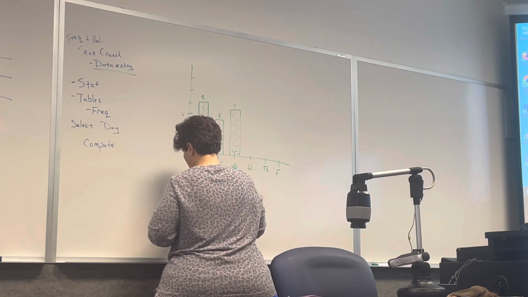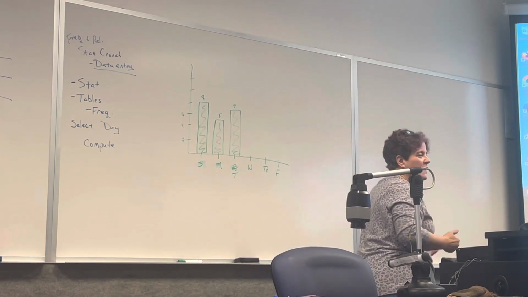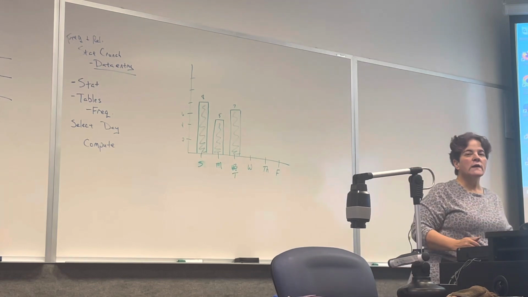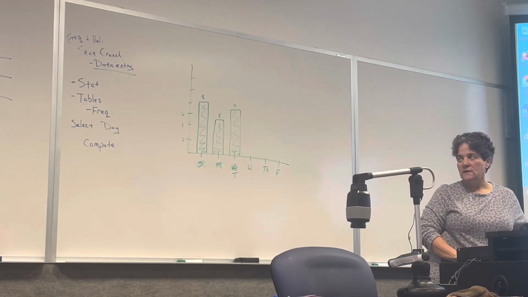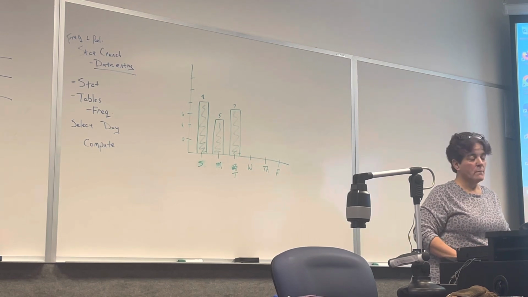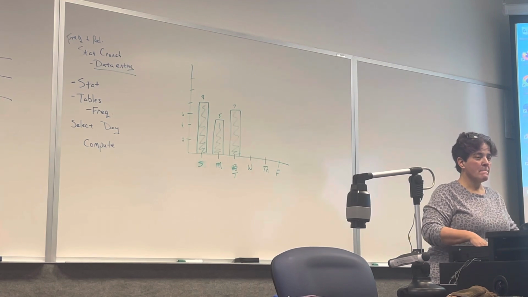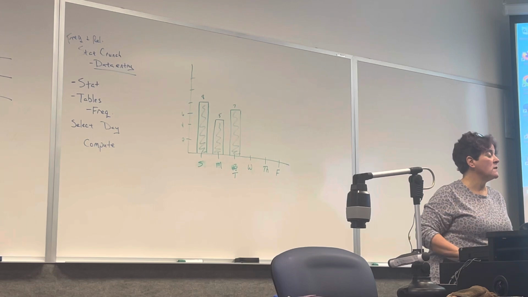We put the value above the bar because once it falls in between our hash marks, it's kind of hard to gauge. We could do a bar chart with a frequency table or a relative frequency table. They both look almost the same; the shape is going to be identical.